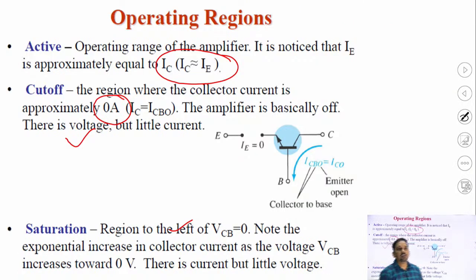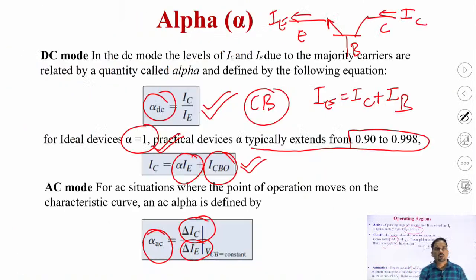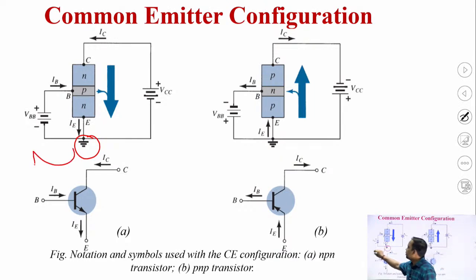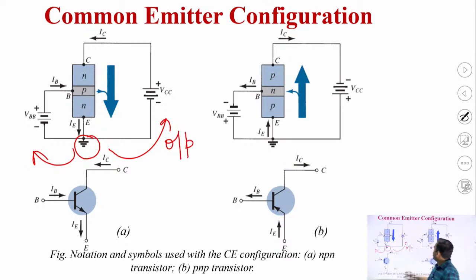After this common base configuration, we'll start with the other configuration of the BJT, which is the common emitter configuration. As we have seen in the last slides, common here means that the emitter terminal is grounded, or the emitter terminal is common to both the input side as well as the output side. So the variables here are quite important.